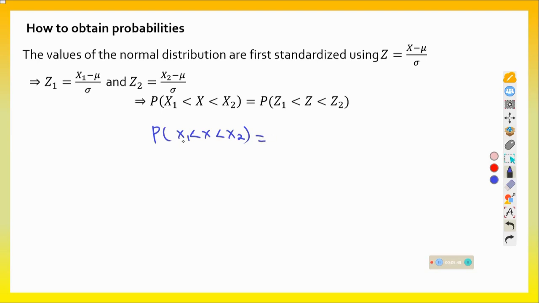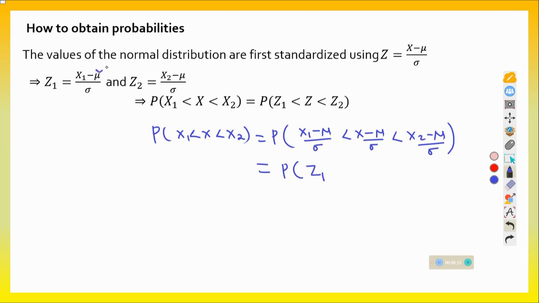Meaning we can standardize this by having X1 minus mu upon standard deviation less than X minus mu upon standard deviation less than X2 minus mu upon standard deviation. So when you do this, you will be standardizing. If this is Z1 and this is Z2, then we can have the probability of Z1 less than Z less than Z2.